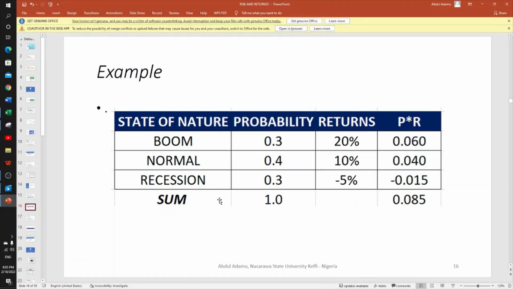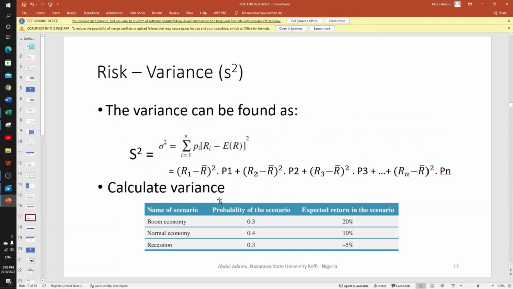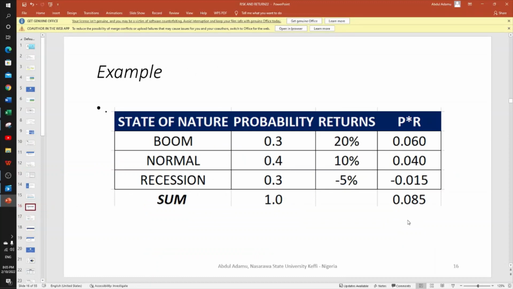So the next item we look at is to calculate variance for probability data. To calculate variance for probability data, you subtract the expected return from each of the returns, like we did earlier. This minus this, this minus this, this minus this.